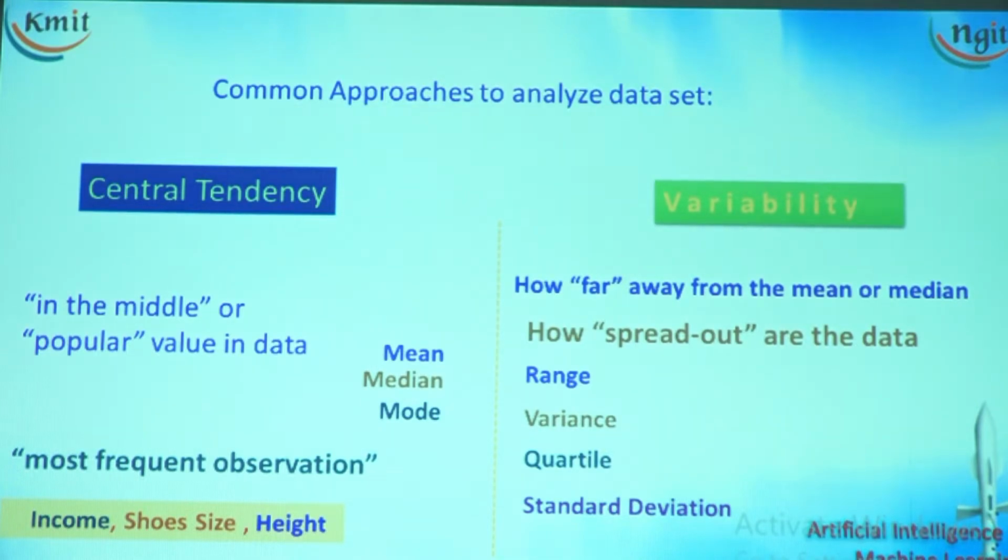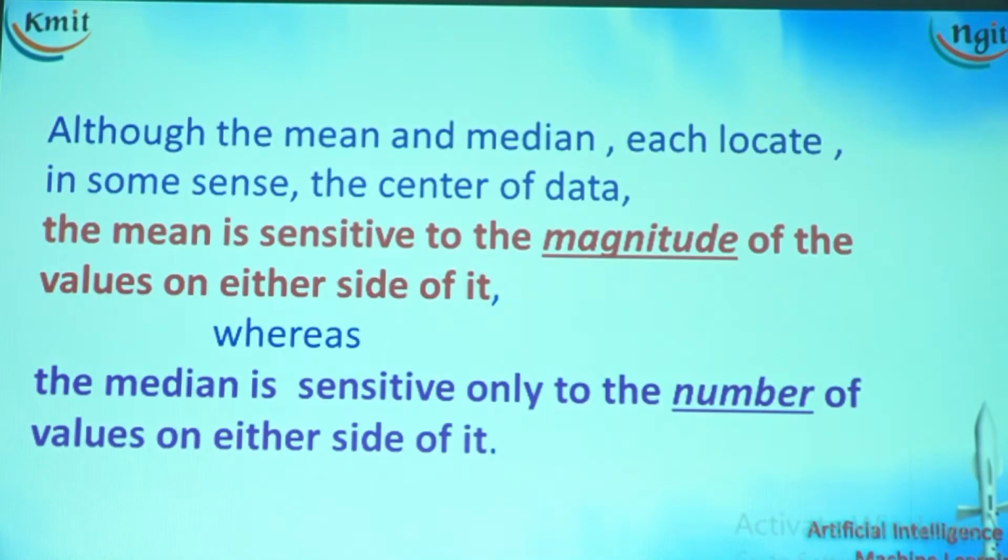So there are four things that you will learn when you analyze your data with respect to variability: range, variance, quartile and standard deviation. I thought you all must know this, so I have incorporated this. I am deviating a little bit from imputing, I will get back to imputing. So these are the two approaches, guys.